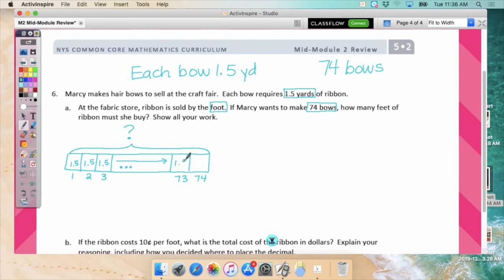This is a pretty good visual for us, isn't it? So each tells me I'm going to do what? Multiply or divide. Is this number going to get larger? Yes. Okay. Because she's making 74 bows. So let's go ahead and multiply 74 times 1.5.